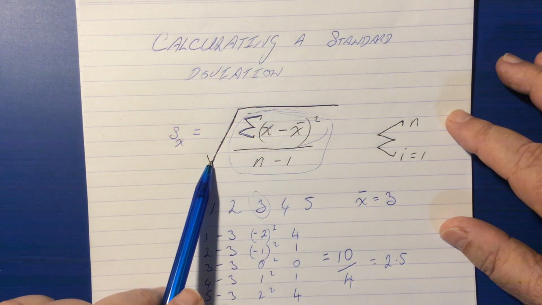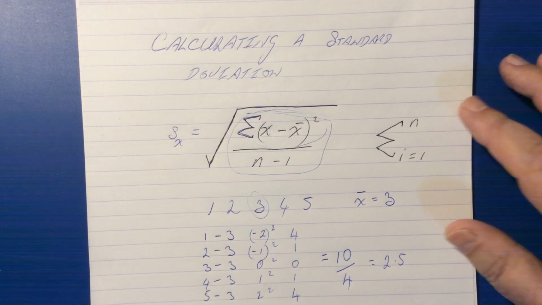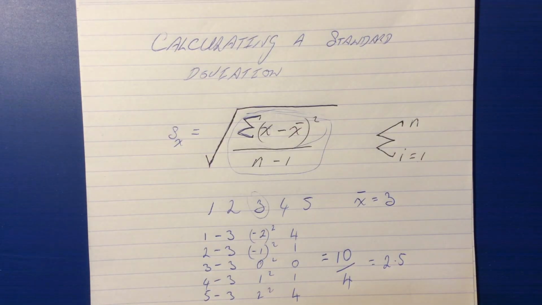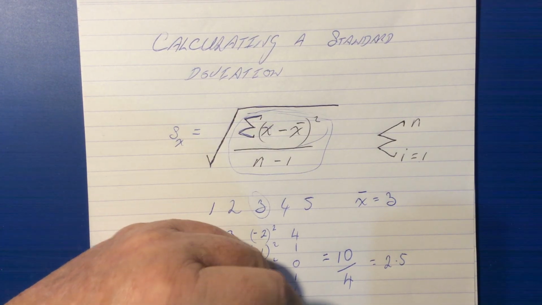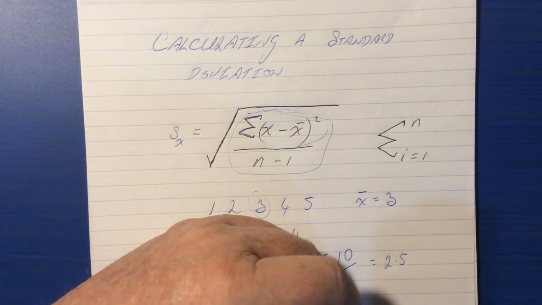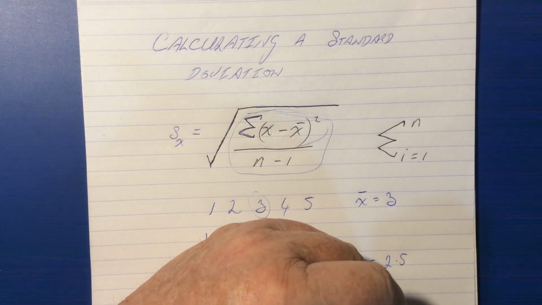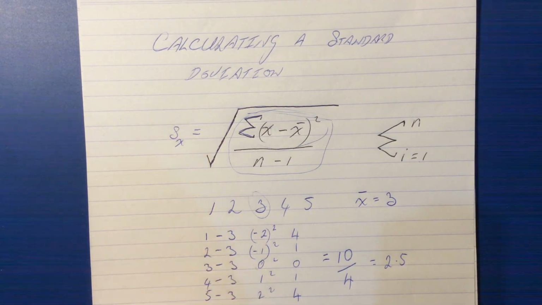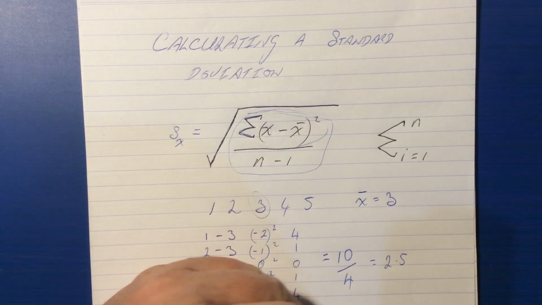So now all we have to do is apply the square root to this. And the square root of 2.5, this is where the calculator comes in handy, is 1.58113883, which we can round to, let's say, 2 decimal places, 1.58.